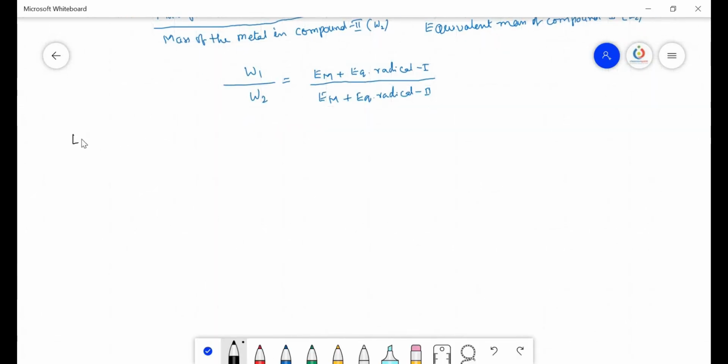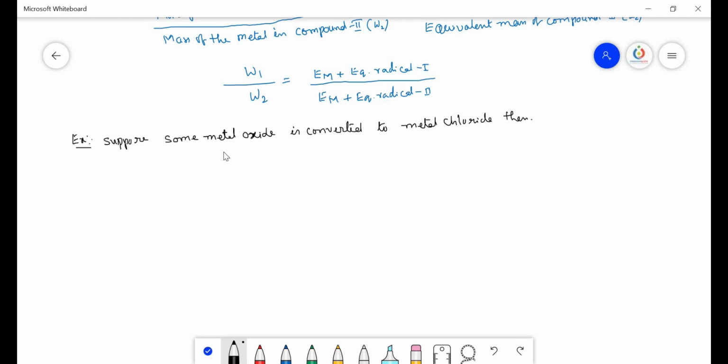So the example is, suppose some metal oxide is converted to metal chloride. Then how to write down the formula?